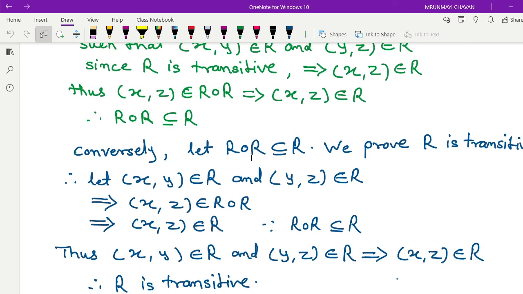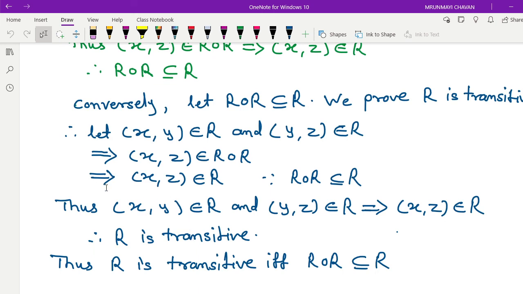Now conversely, let R circle R is subset of R. Now to prove that R is transitive, let xy belongs to R and yz belongs to R. Now if xy belongs to R and yz belongs to R, this implies that xz belongs to composite relation R circle R. This implies that since R circle R is subset of R, xz belongs to R. Thus, we have shown that xy belongs to R and yz belongs to R implies that xz belongs to R. That means R is transitive.